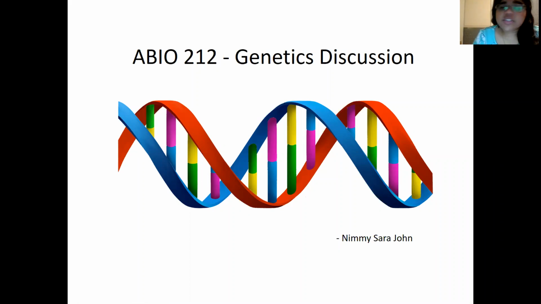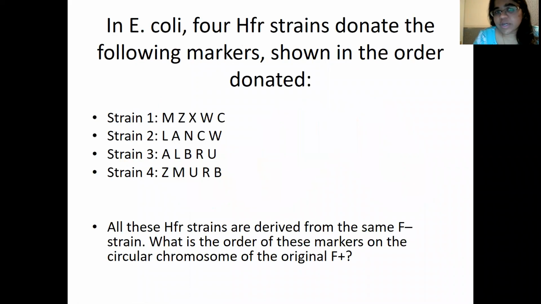So before we start today's session, I want to go over a question from the Bacterial Genetic Study Guide. So this is that question. In E. coli, 4 HFR strains donate the following markers shown in the order donated. So essentially, this is the order that it came in to the recipient strain.